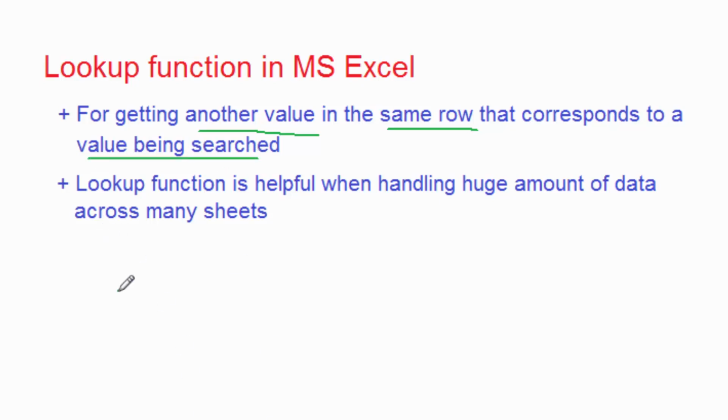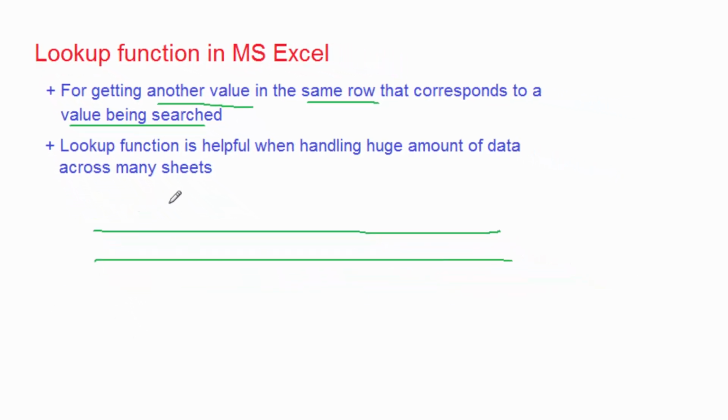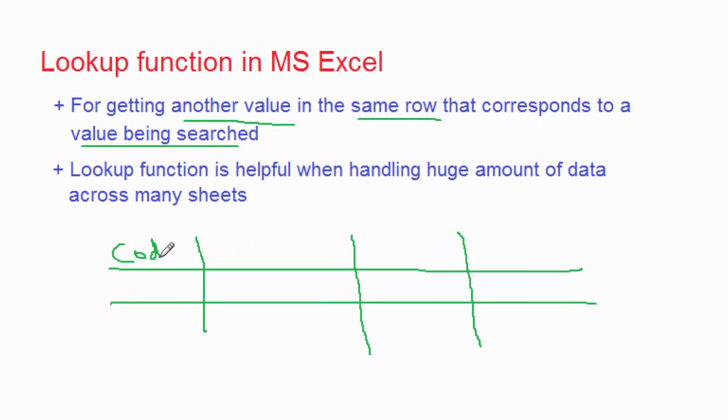What does that mean? If I have some data here, and I have maybe here the code for a product, and here I have the price.